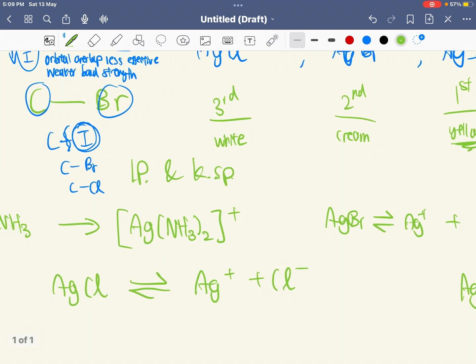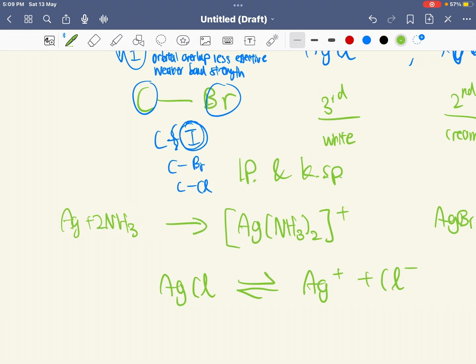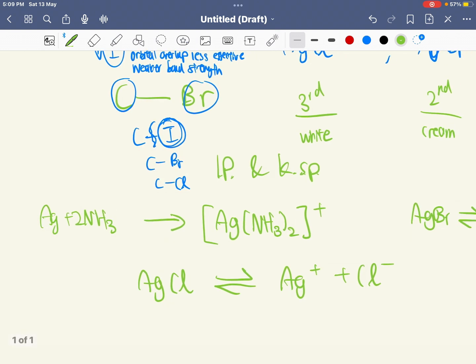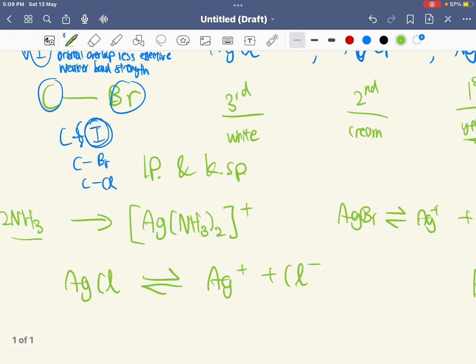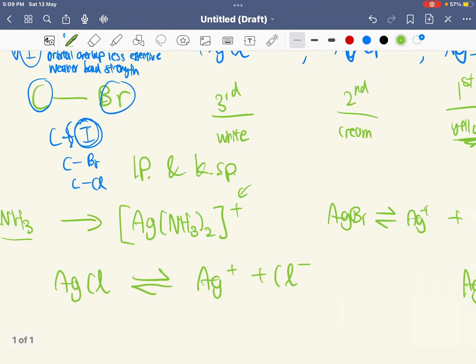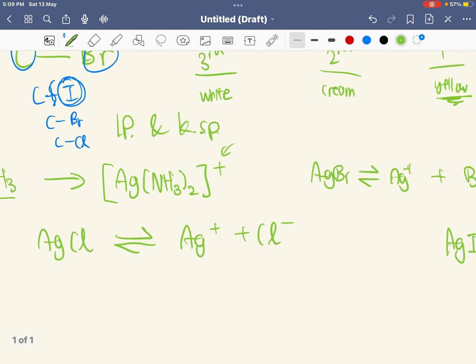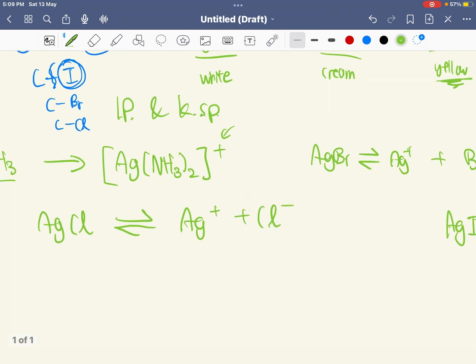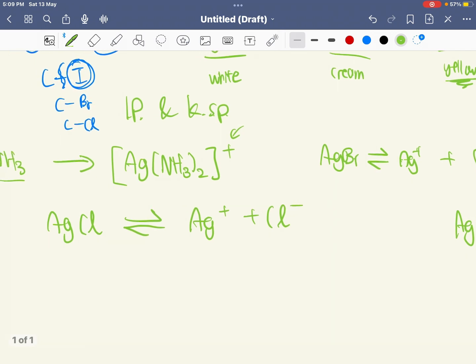If you can recall solubility equilibria, whenever I add ammonia in excess, my Ag+ will react with ammonia to form my silver diammine complex. This is a complex ion. If you look at our equilibrium here, we're using AgCl as an example. So Ag+ and AgCl, it's partial dissociation.